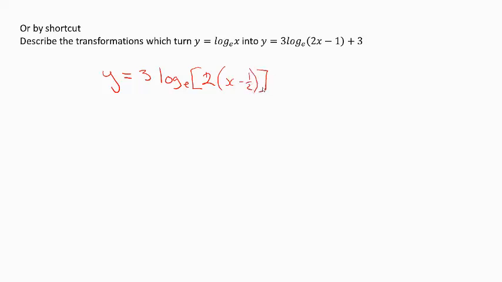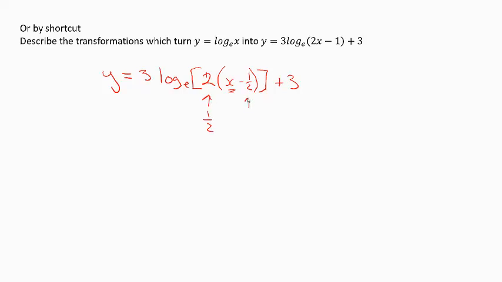Why do I do that? Because I want the x to have a coefficient of 1, plus 3. Now you say anything that happens inside the brackets is happening from the y-axis. So we've got dilation by a factor of a half.